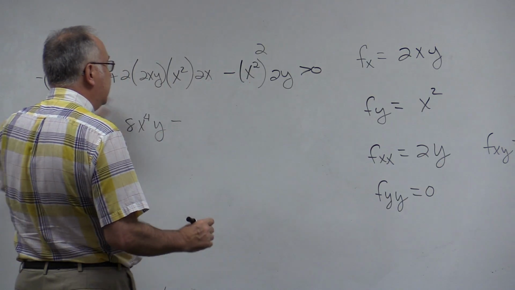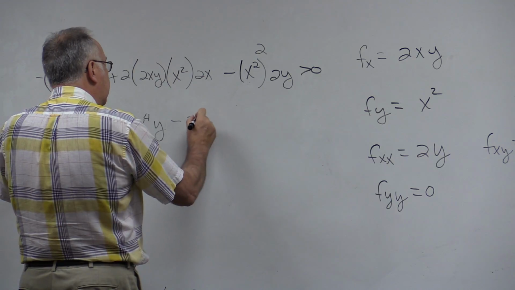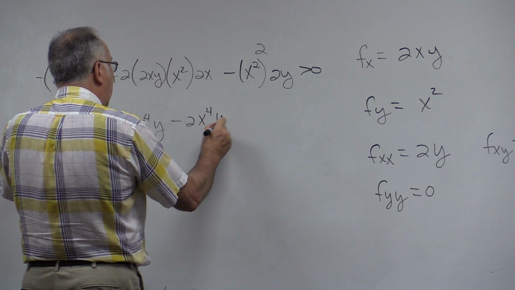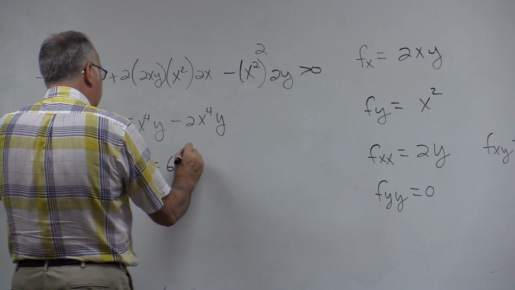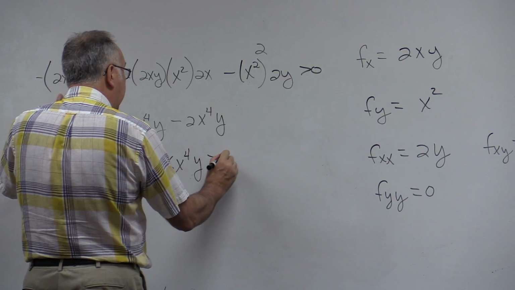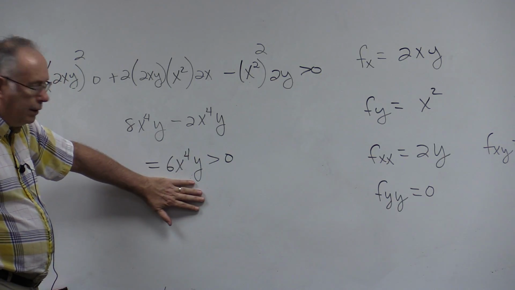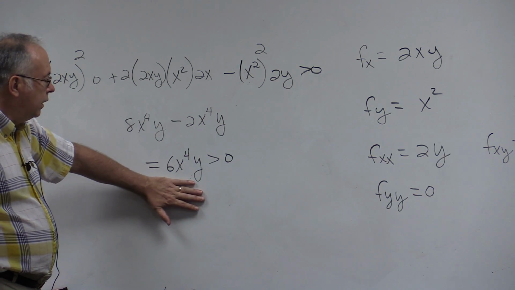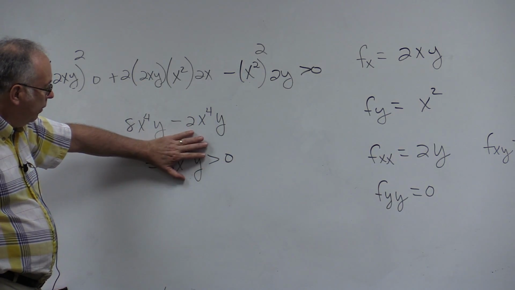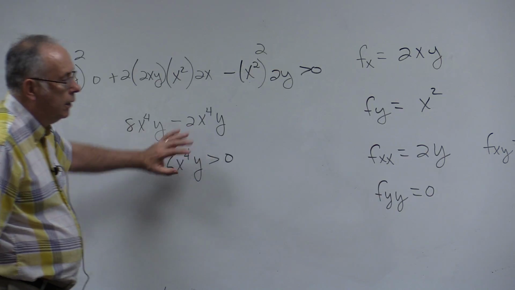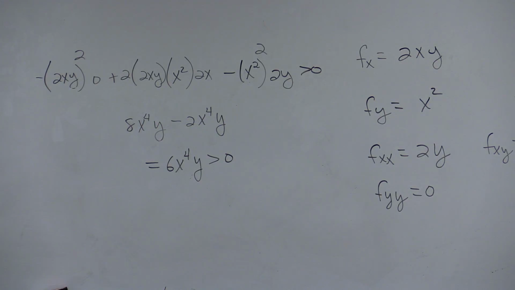We have minus x to the fourth times 2, so it's minus 2x to the fourth times y. That is equal to 6x to the fourth times y. That is greater than 0. Notice x and y, we're assuming that those are greater than 0. So this is for all values of x and y greater than 0. This will be positive. So this utility function is strictly quasi-concave.